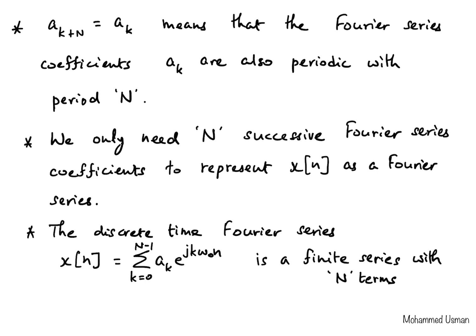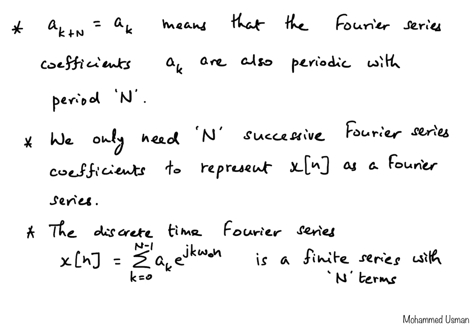So what we observe is that the Fourier series of a discrete time periodic signal is a finite series containing only n terms, unlike the Fourier series of a continuous time periodic signal, which is an infinite series.